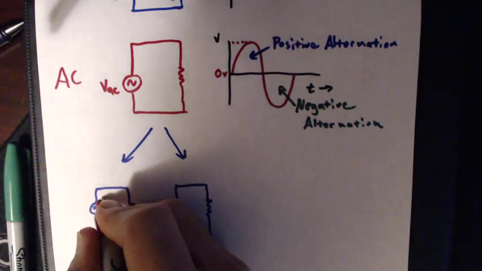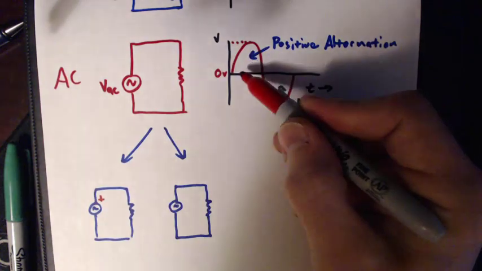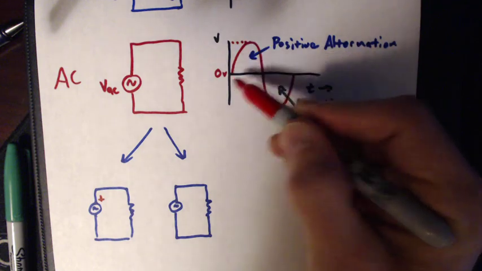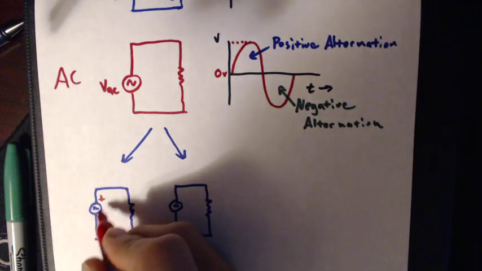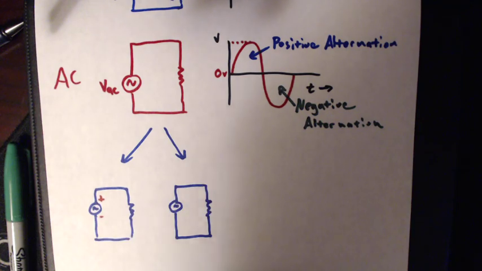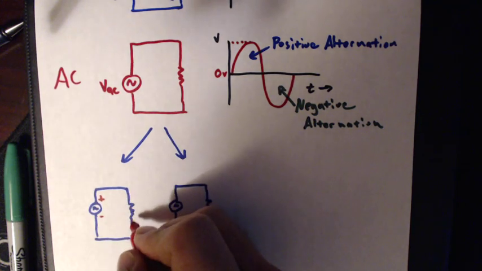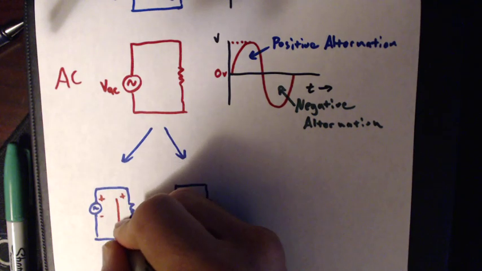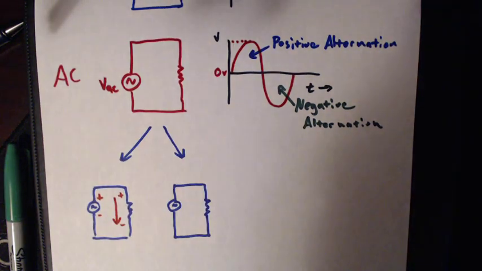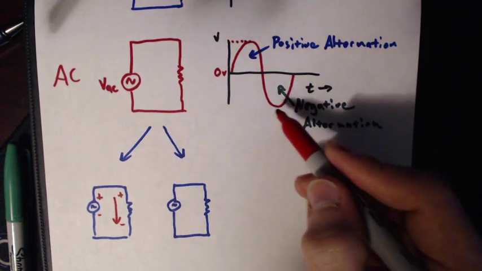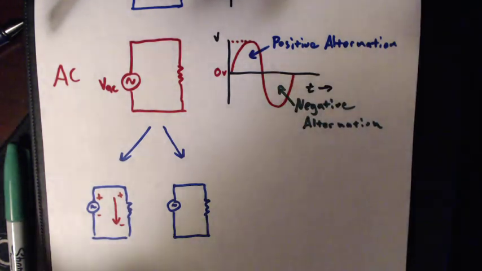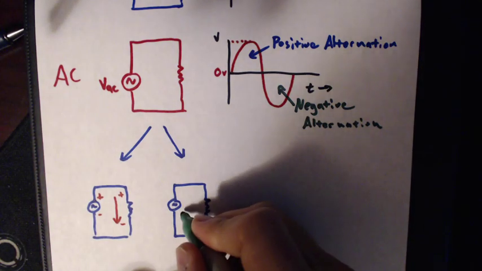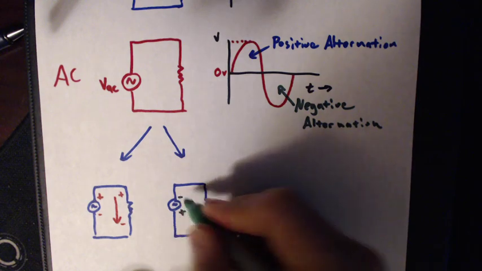In other words, we can consider the polarity such that during this positive alternation, when our applied voltage is all positive, our voltage source is positive up here, minus down here. As such, applied to this resistor, the voltage is positive up here, minus down here, and the current is going in this direction. Whereas during the negative alternation, our applied voltage is always negative. And so now we can flip our polarity, positive on the bottom, minus on the top.